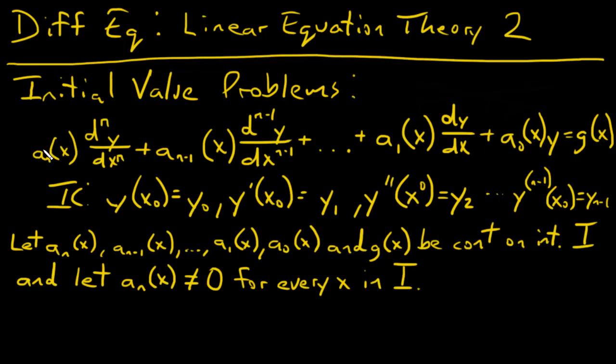If this becomes a 0, then we wind up losing the order. This drops out completely because it's a 0, and now we have an n minus 1 order differential equation. Does that make sense? So whatever it is, for all the x's I can plug in on the interval, that can't go to 0, because then it reduces the order. So if we have all of this where they're all continuous and this never goes to 0 for any x I can throw into it, then here we go.